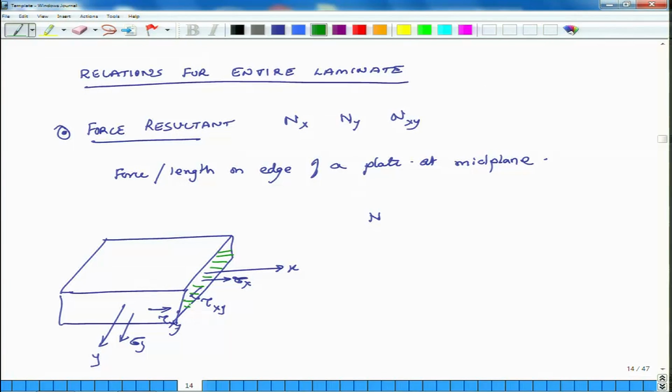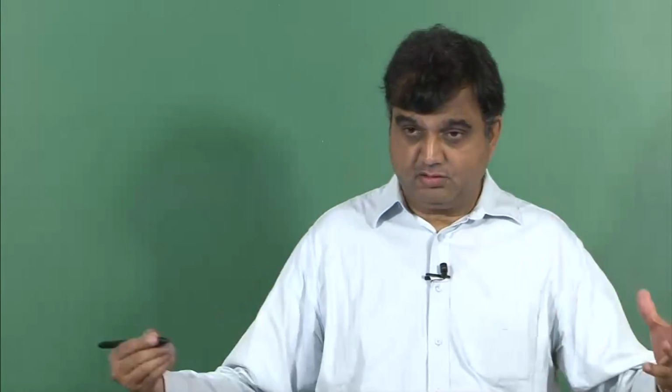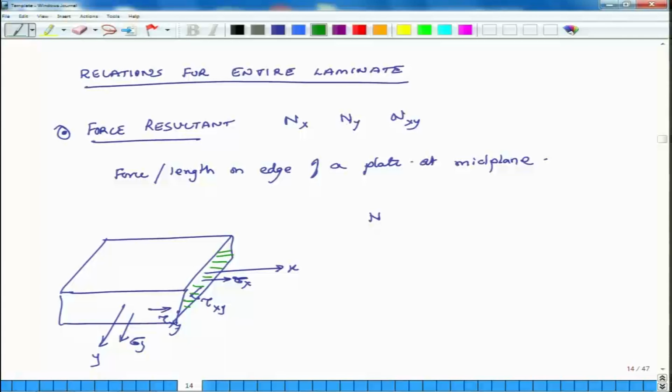The total thing I will get is force, right. If I integrate stress on a surface that has area, I will get force. But what I am interested in is how much force exists per unit length of the plate. So, suppose this is the length of the plate, then roughly, in an approximate sense, that divided by the length of the plate is Nx.